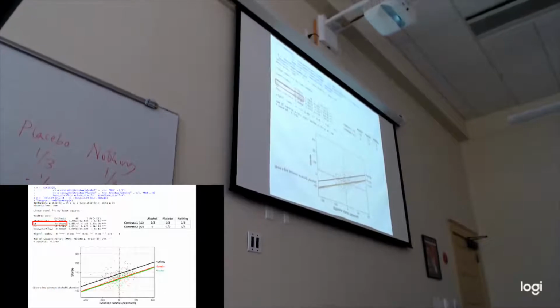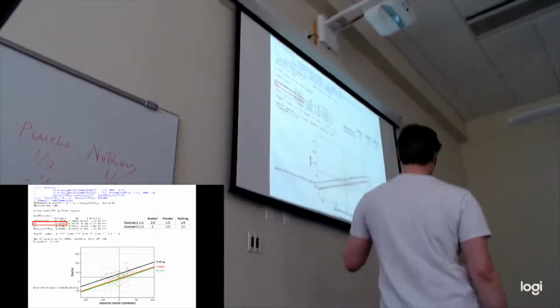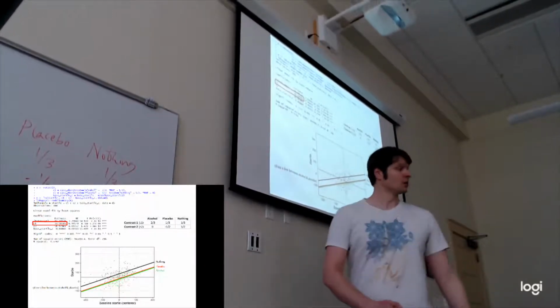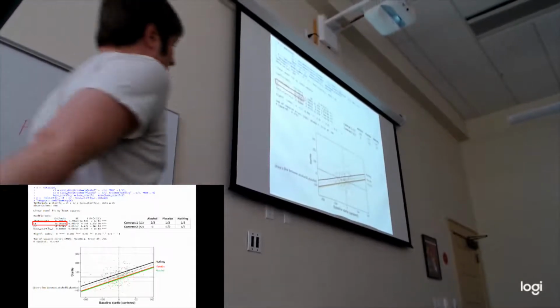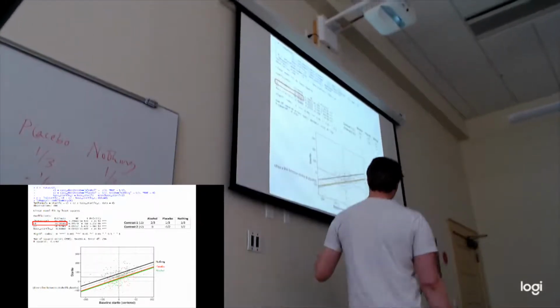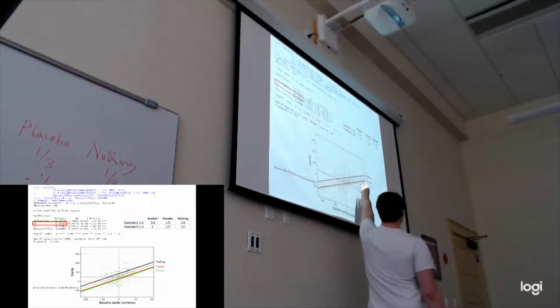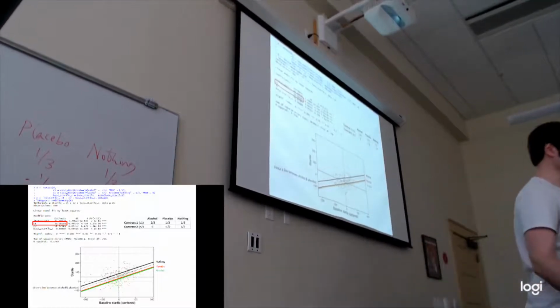I'm drawing a prediction line at the average of placebo versus nothing, those two groups that were assigned the same number. That line literally ends up being halfway between the nothing line and the placebo line. It's the average of those two groups.